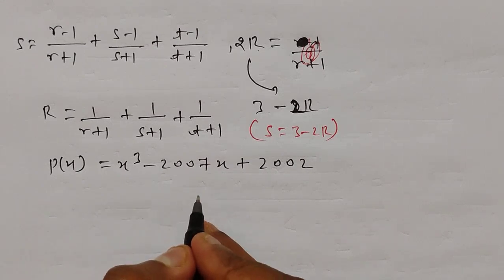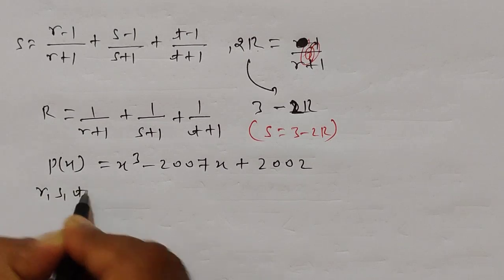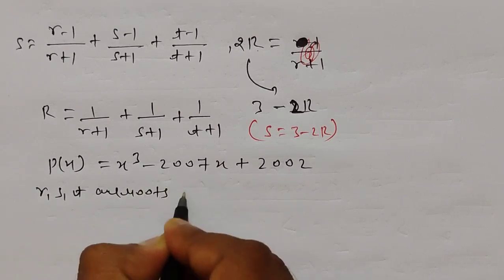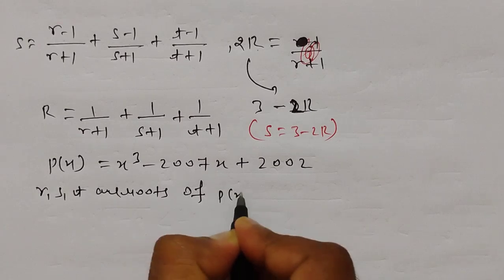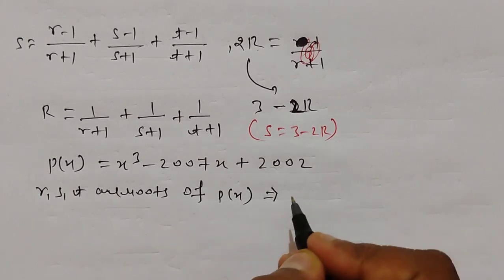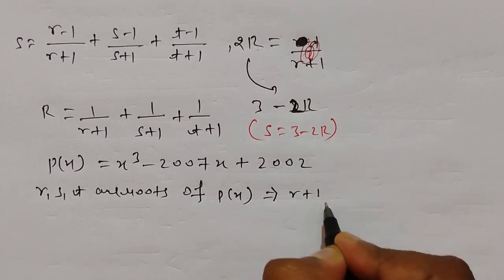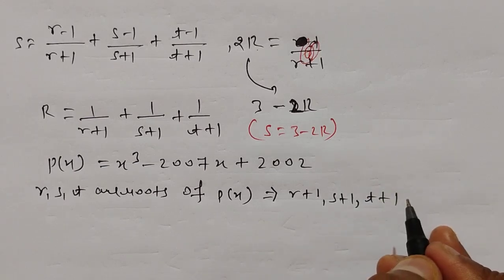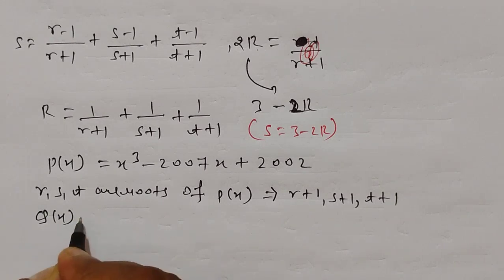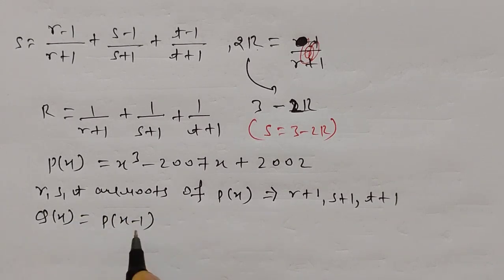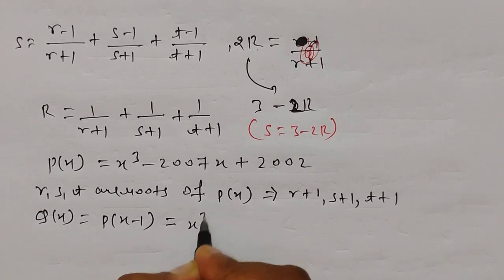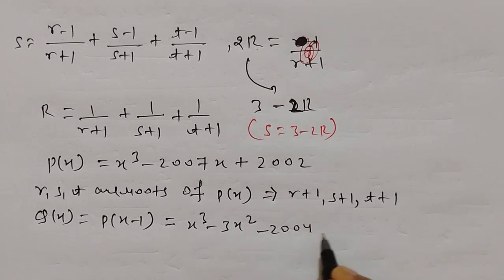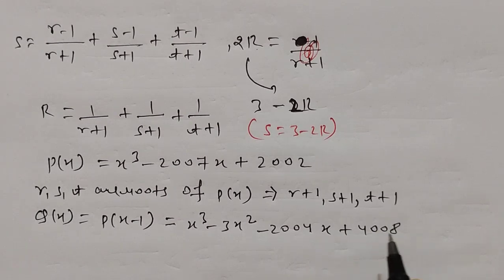Now r, s, t are roots of P(x), and this implies r plus 1, s plus 1 and t plus 1 are the roots of Q(x), which is equal to P(x) minus 1, and this will be x cube minus 3x square minus 2004x plus 4008.